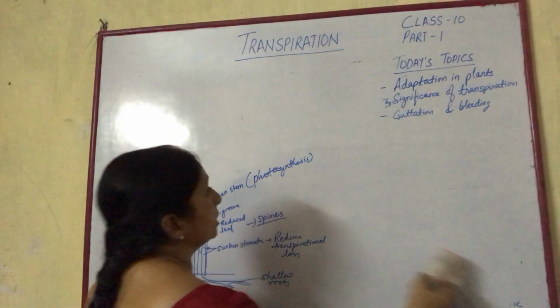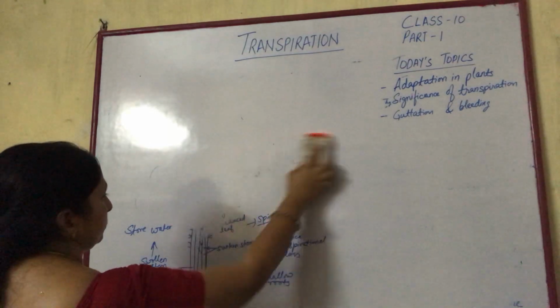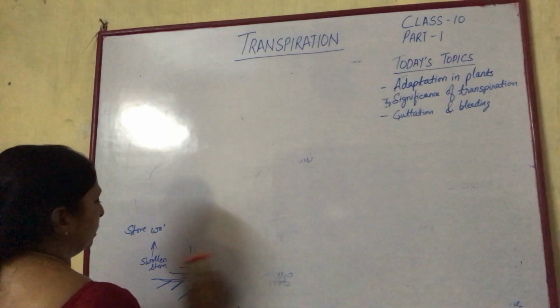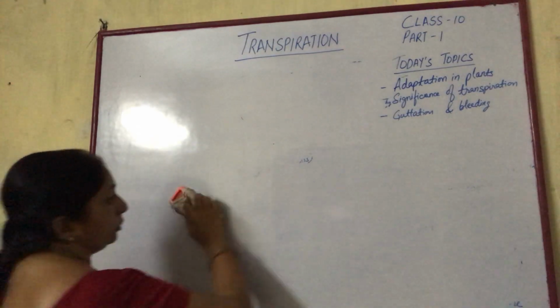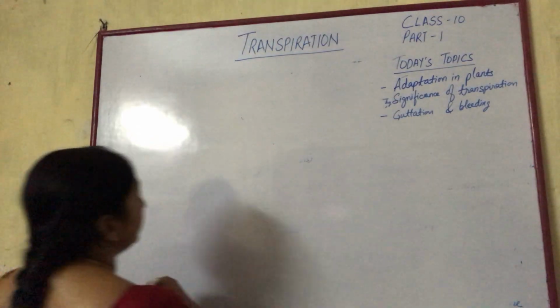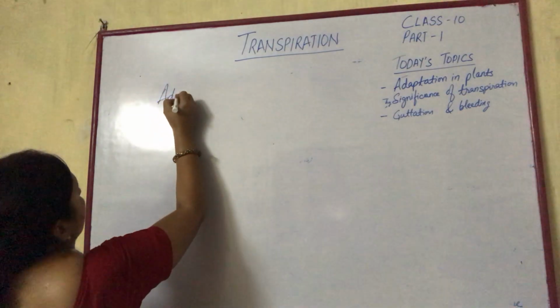Then next is adaptation in plants. A few adaptations we have studied in this diagram already, so here are a few more adaptive features.